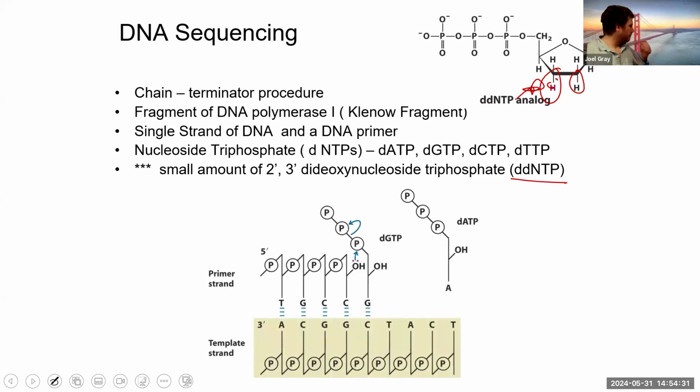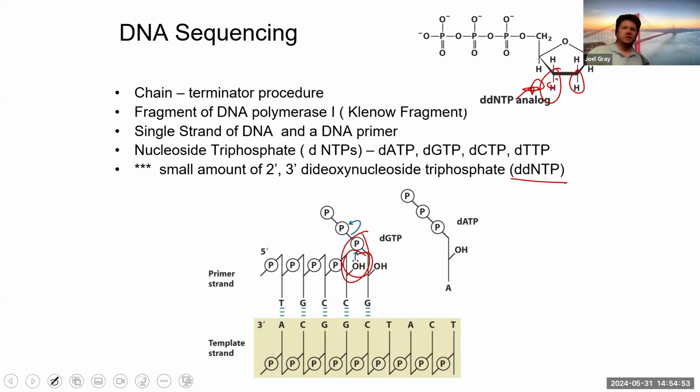Now, here's our example of a template piece of DNA and a primer strand. So we are adding new nucleotides to this primer strand. As long as we see that hydroxyl group right there, that's going to react with this phosphate to make our phosphodiester linkage. Does everyone follow that?